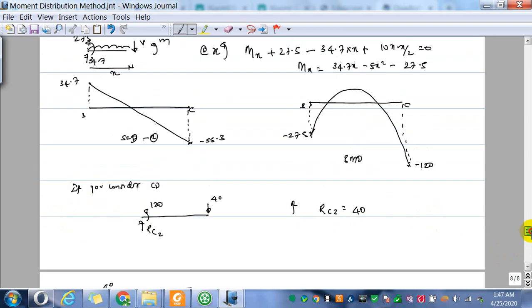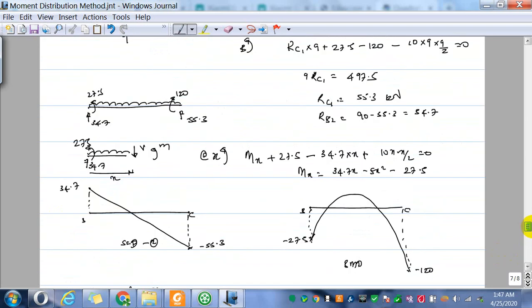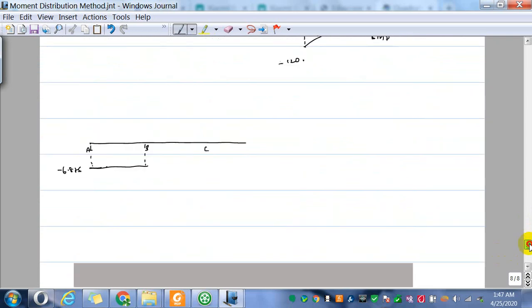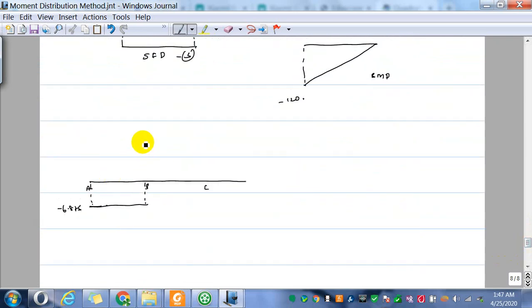Between B and C, it is 34.72 to minus 55.3, drawing a straight line.